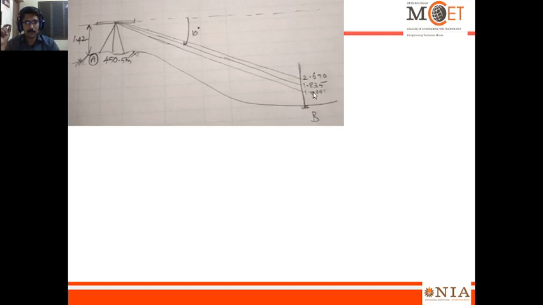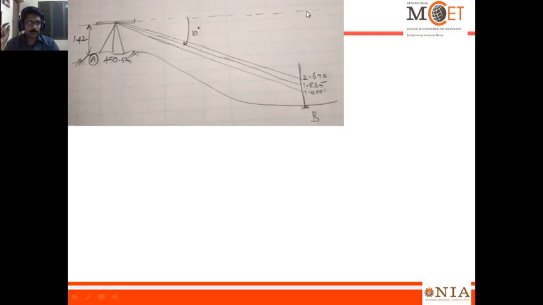Here we have noted them down, and the R of the station was given and the height of instrument was given. The task is the horizontal distance between A and B has to be determined, and the R of B, right? R of B, how can we determine? R of B is equal to R of A plus height of instrument 1.42.